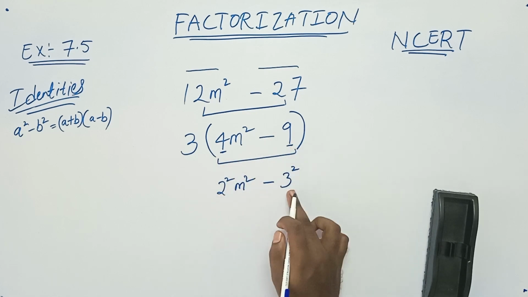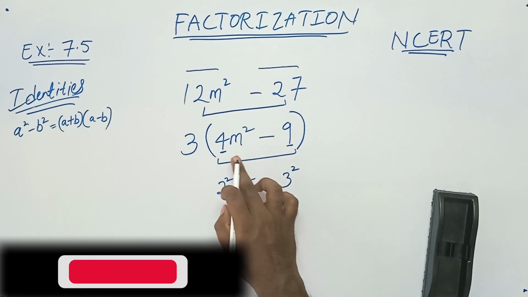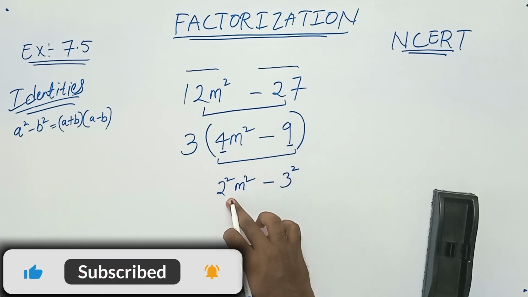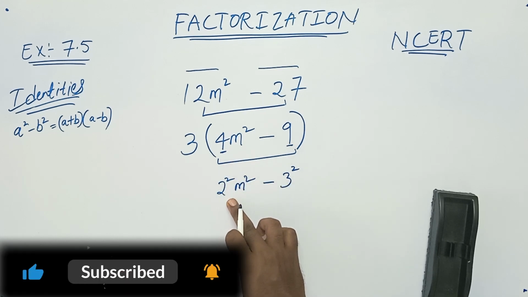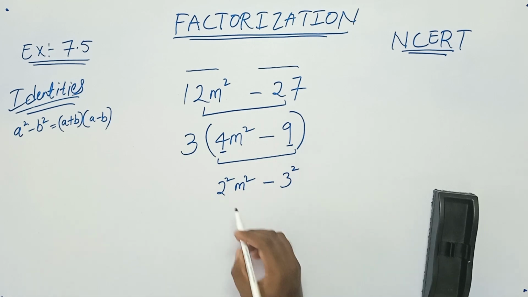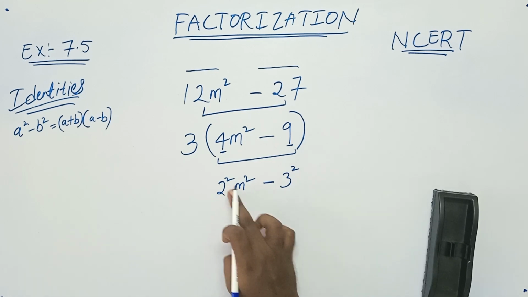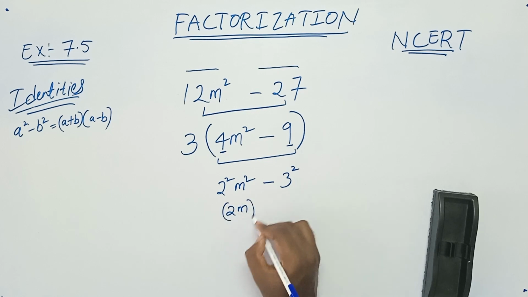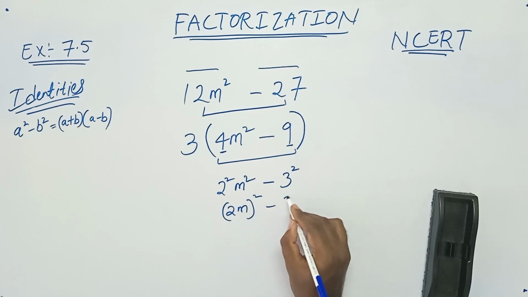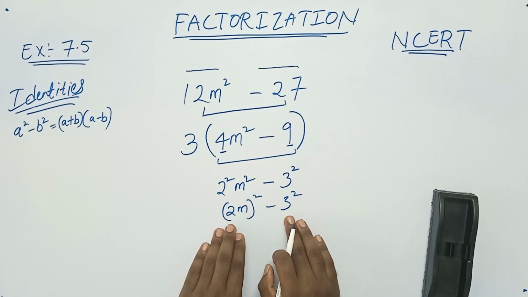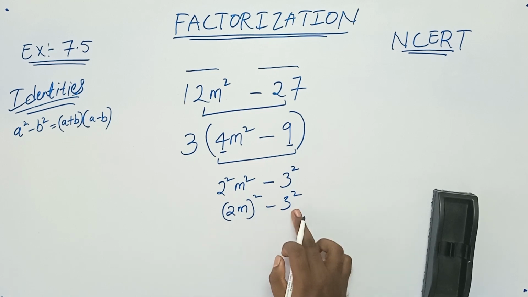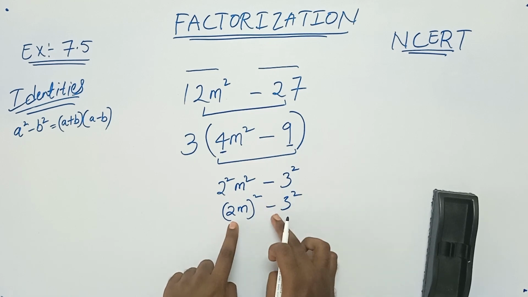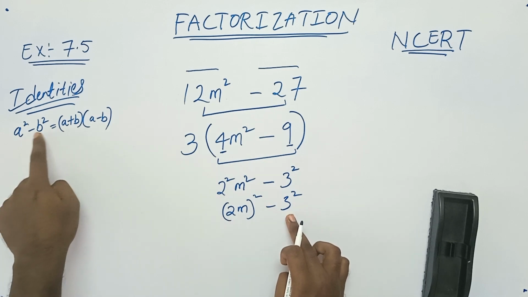So when we rewrite this, now we got something that looks very simple, which is 2 square m square, which can also be written as (2m) whole square minus 3 square. Now it just looks like a square minus b square, right?